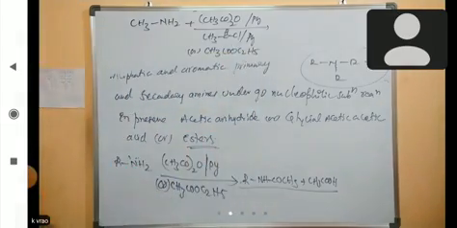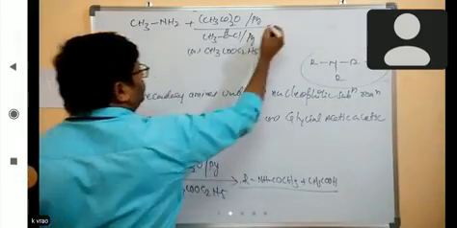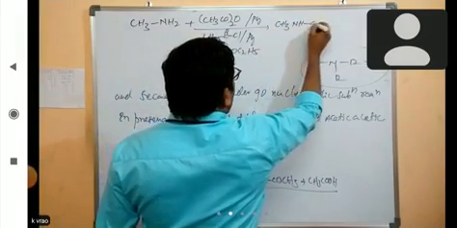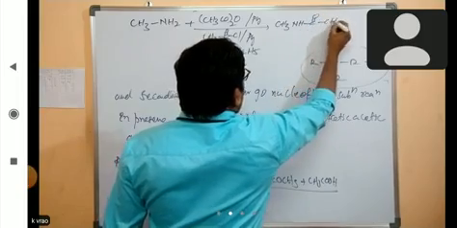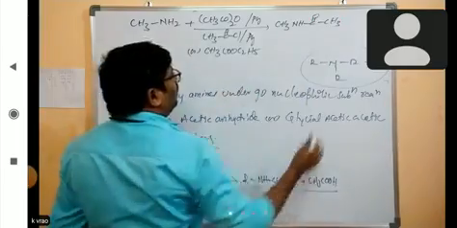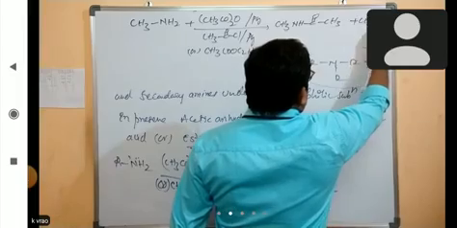Any condition we can apply on the primary amine will give us CH3NHCOCH3. This acetyl group is substituted on the hydrogen.